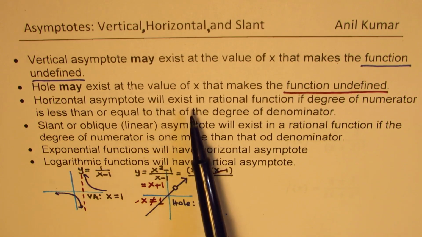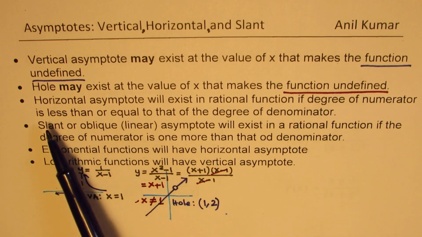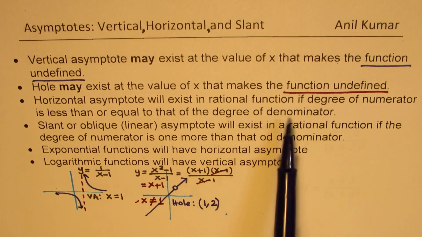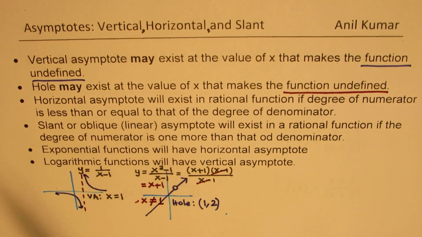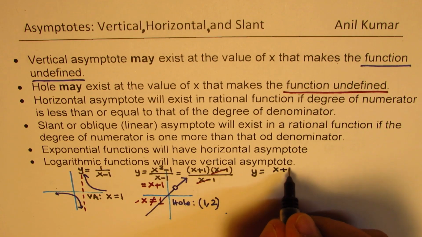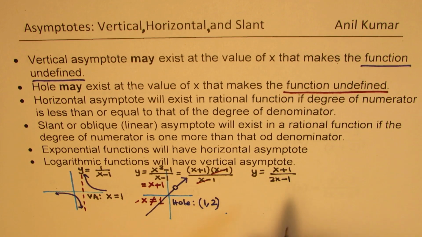A horizontal asymptote may exist in a rational function if the degree of the numerator is less than or equal to the degree of the denominator. So we have set two conditions here, right? Say I have y equals (x plus 1) over (2x minus 1). Their degrees are the same, right?